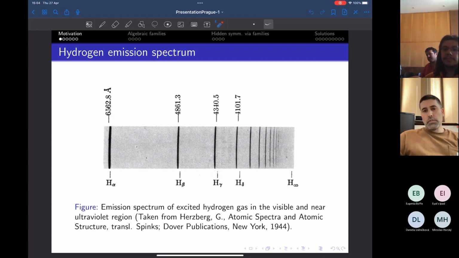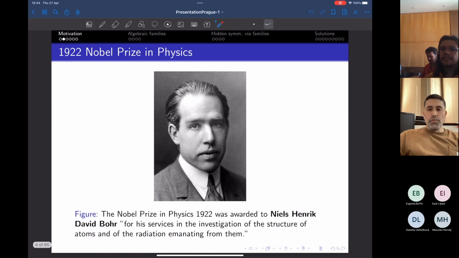And a basic question is why? Why do we get something like this, something which is discretized or quantized? What is the reason? If you're the first person that can answer such a question, then if you're lucky, you can win a Nobel Prize. And this is what Niels Bohr did.